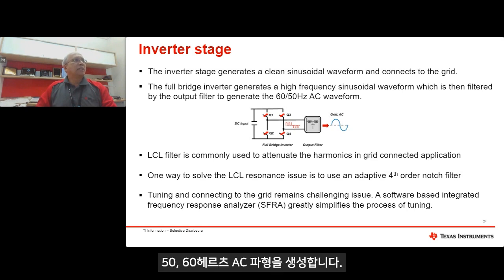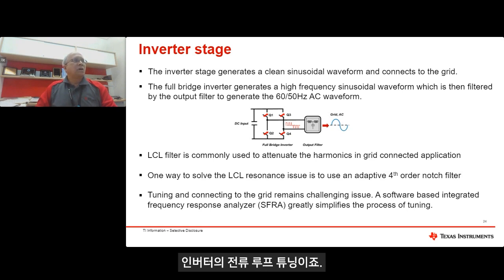The output filter generates the 50-60 Hertz AC waveform. The LCL filter is commonly used to attenuate the harmonics in grid-connected applications. One way to solve the LCL resonance is to use an adaptive fourth-order notch filter in the control implementation.